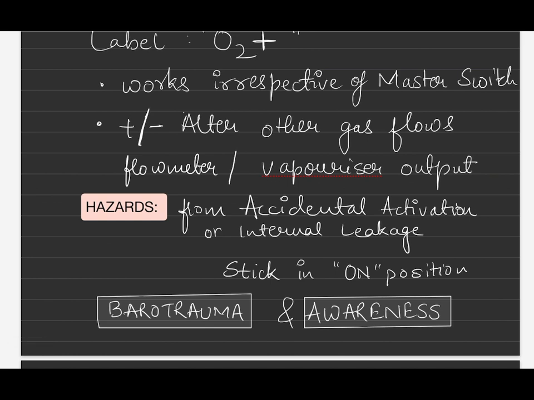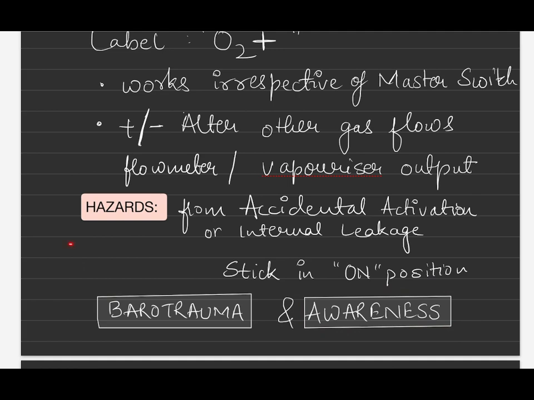So if there is accidental activation or an internal leakage which is not being detected from the oxygen flush, it will lead to barotrauma because of high volumes delivered to the patient. 35 to 75 liters per minute is a huge volume. It will cause barotrauma to the patient and it will cause dilution of the anesthetic gases, causing awareness. So the patient can experience awareness.